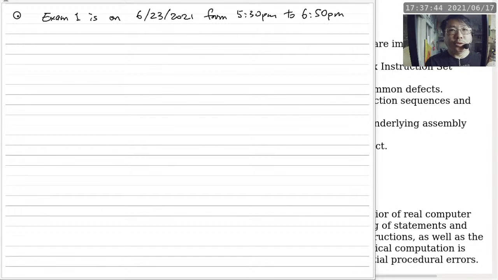So you do have to show your work. Typically, in my exams, the final answer by itself is worth very little value or no value in some cases. I need to know how you get to that answer. So the explanation of how you get to the answer is very important.